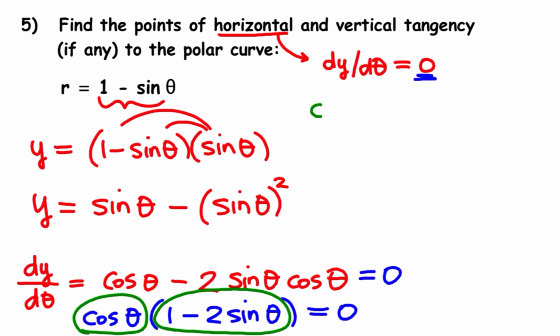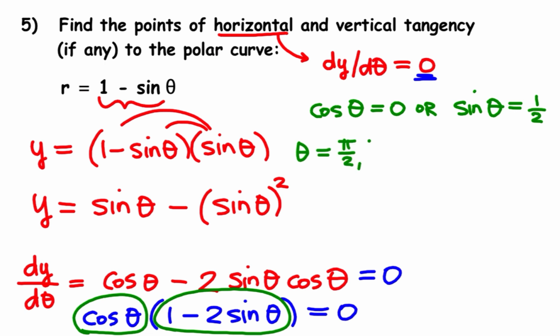Okay, so I just said that either cosine of theta is 0, or sine of theta is 1/2. Well, where does that occur? The cosine of theta is 0 at pi over 2 and 3 pi over 2. The sine of theta is equal to 1/2 at pi over 6, which is 30 degrees, and 5 pi over 6, which is 150, quadrant 2.